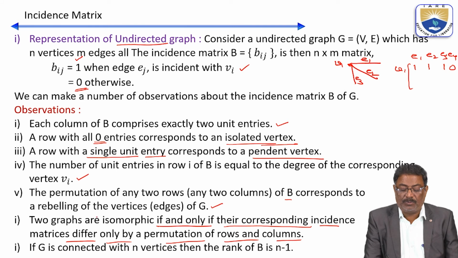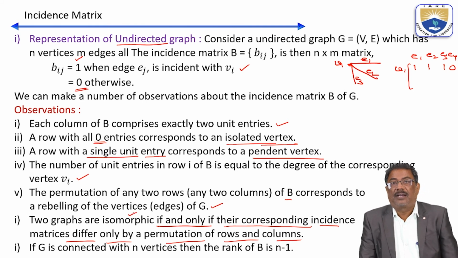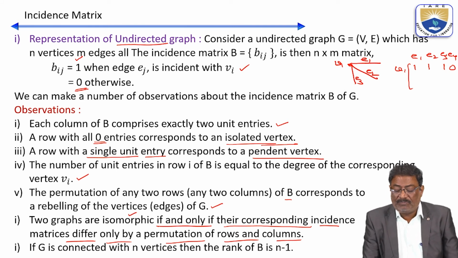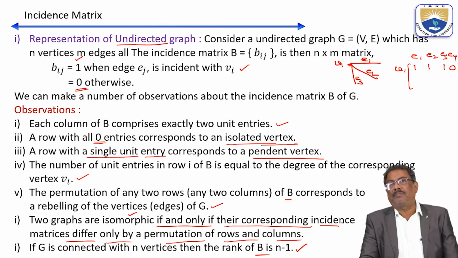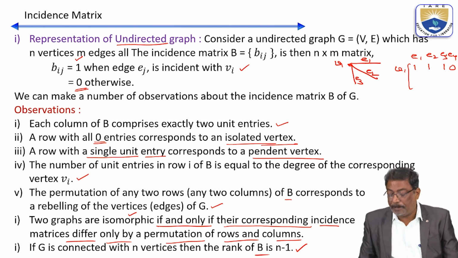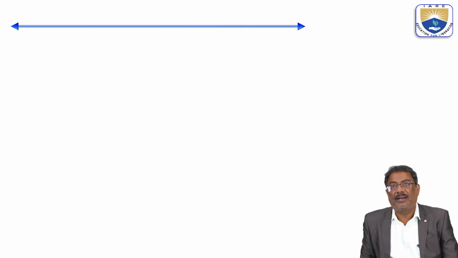We are going to discuss isomorphism in the next class. If G is a connected graph with n vertices, then the rank of B is n minus 1. So these are some observations regarding the incidence matrix for the undirected graph.